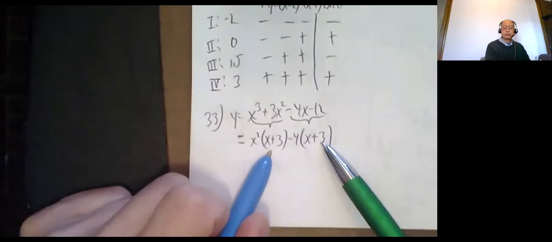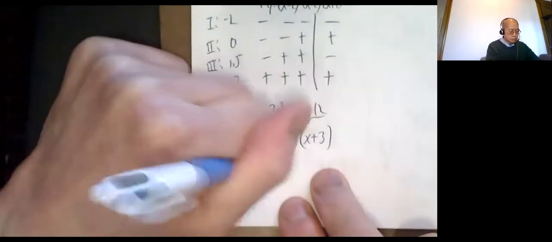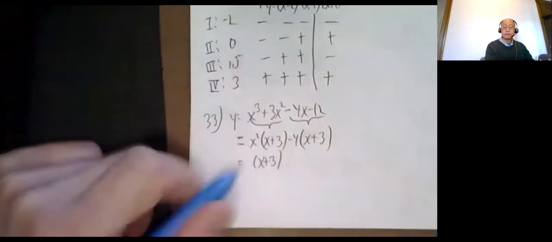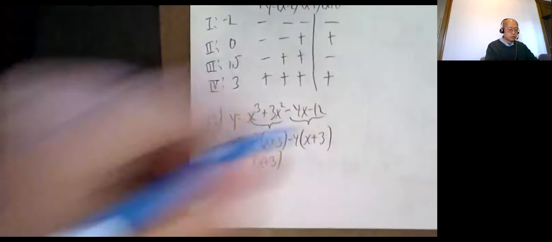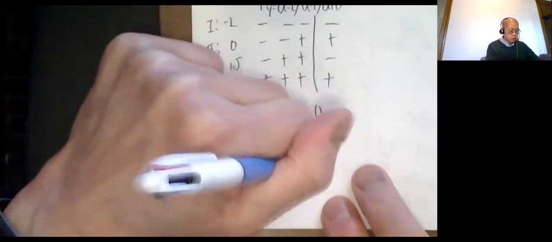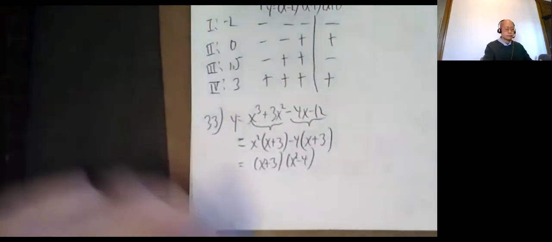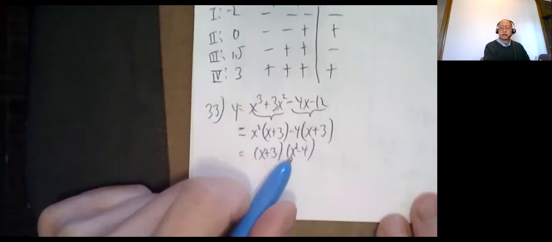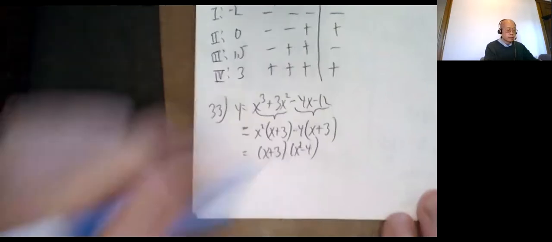And now we have a common factor of x plus 3. Pull that out. Left behind is x squared minus 4. And hopefully you recognize x squared minus 4 is x plus 2, x minus 2. Okay, so there we go.